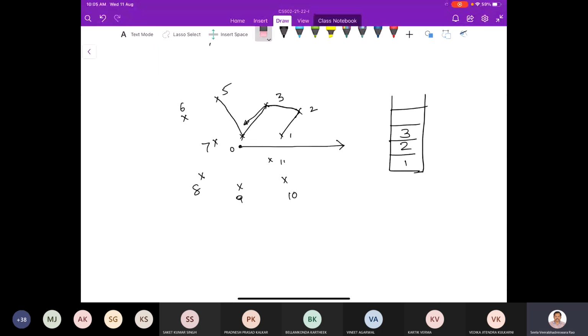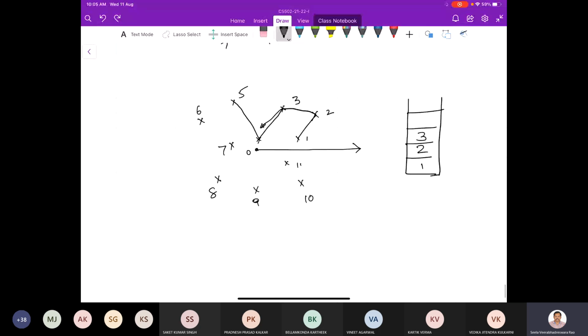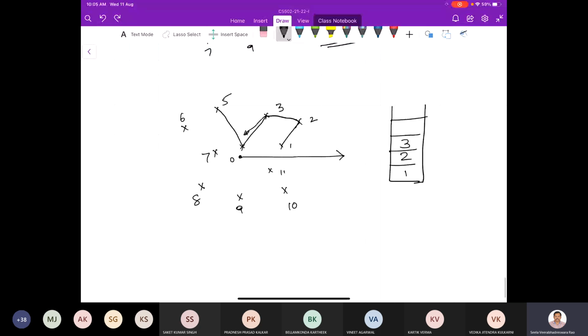Look at whether this is making a left turn or not. 2, 3, 5 is not making a left turn, it's also a right turn.